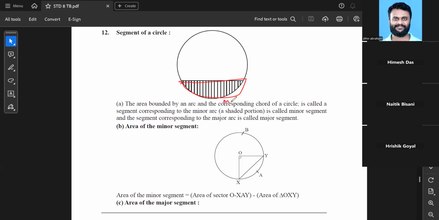Now this arc is minor arc, hence this segment is also minor segment. Now this big arc is major arc. So whatever is left over here is called major segment. Do you understand? Okay, sir, I understood it.